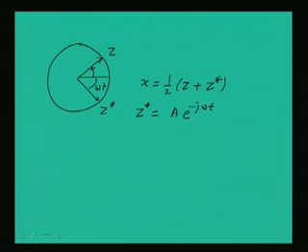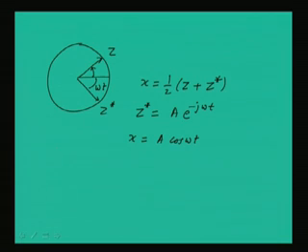If you substitute z and z star here, we can see that x becomes A cos omega t. This is the real part of z.